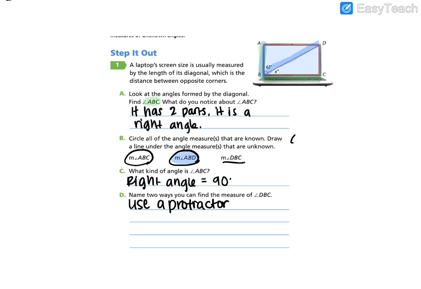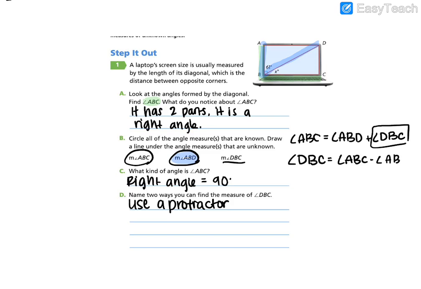Because we know that angle ABC is equal to the sum of angle ABD and angle DBC. So if we know that we can find angle DBC, which is our missing, by using our inverse operation. So we know angle DBC will be equal to angle ABC minus angle ABD.